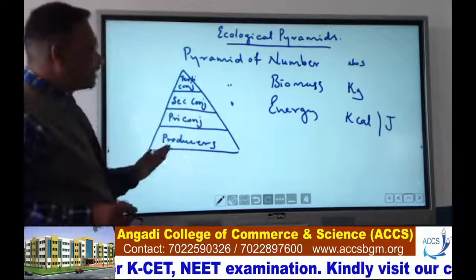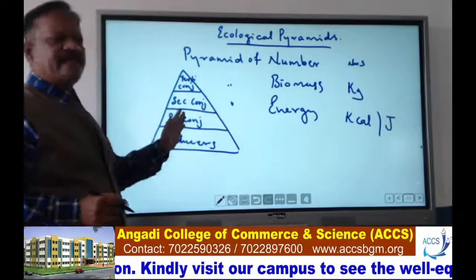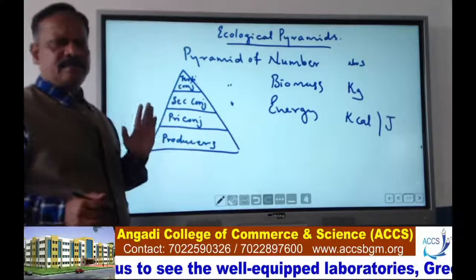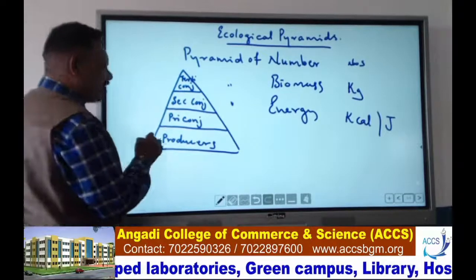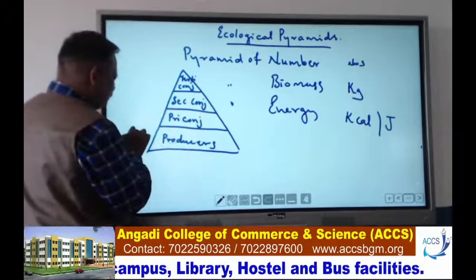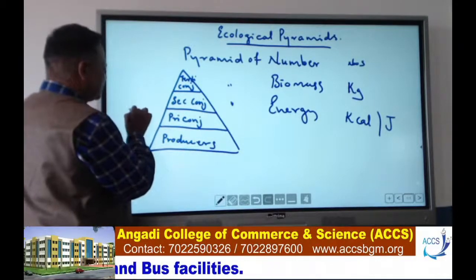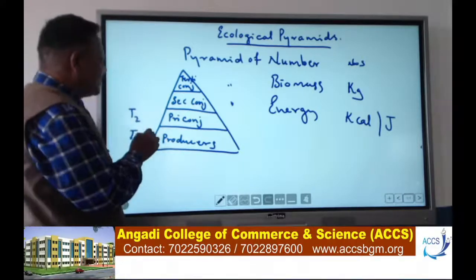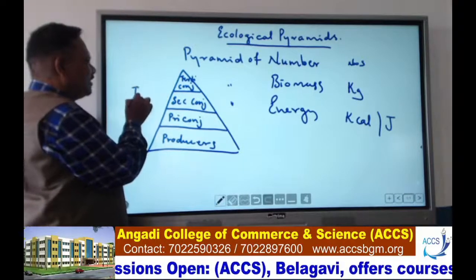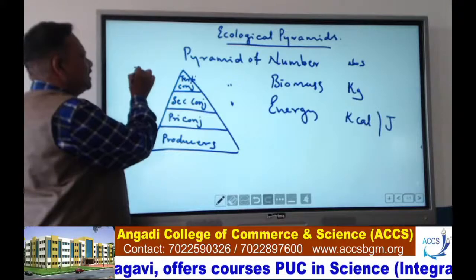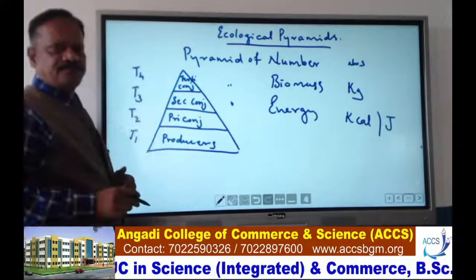So, the different trophic levels. Here you can take any examples. But each trophic level we call T1. This becomes T2, here it becomes T3, and finally it becomes T4.